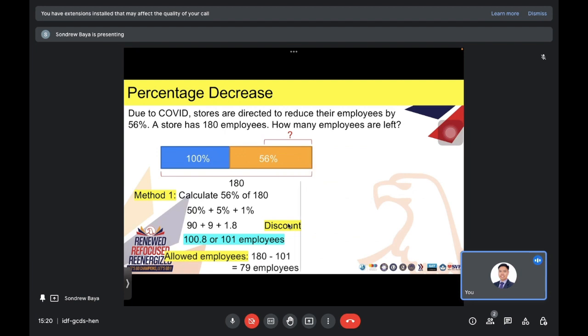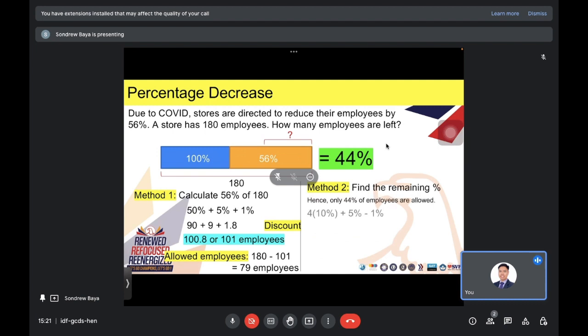Now, if you go for method 2, you have to find the remaining percentage. So again, analyze. If from 100%, you're going to remove 56%, what percentage of 180 will be left? Obviously, this will be 44%. So for you to find how many the store should retain, you just have to compute the remaining 44%. 44 can be broken down into 40% plus 5%, which is 45, minus 1%.